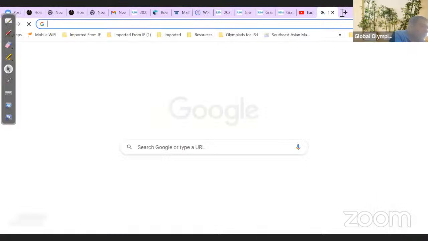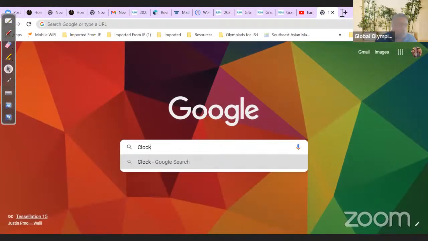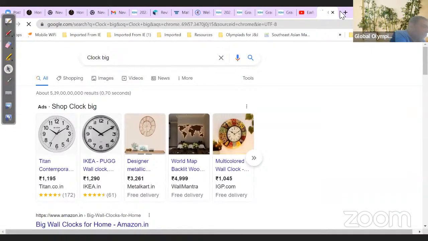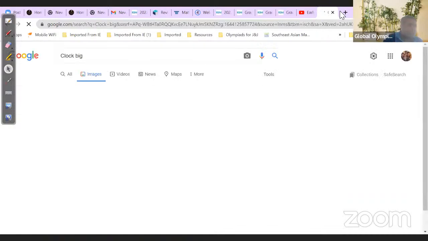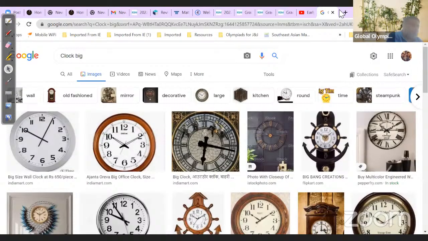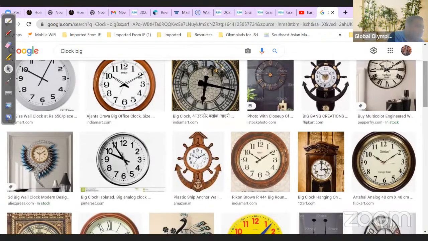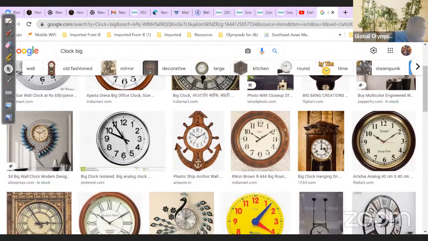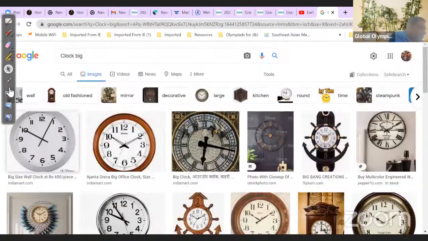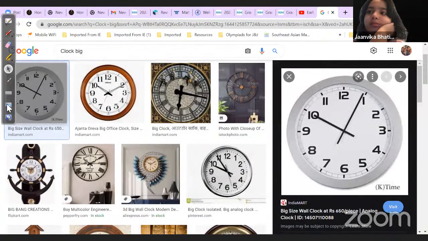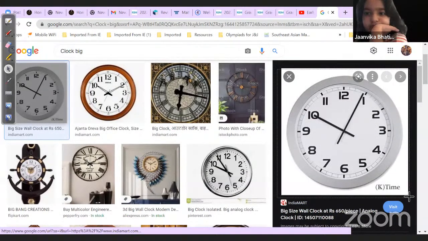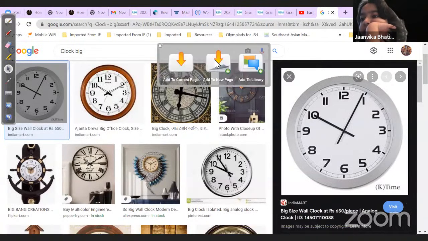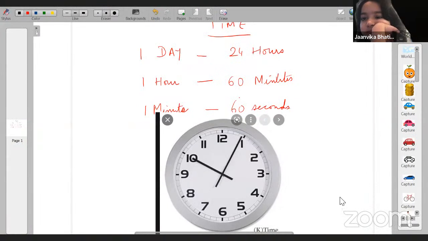Damn. Clock. Big. I'll take a clock. I'll cheat a clock. Take a clock from here. Which one do you like? The first one? Okay, good one. This one, right? Yes, sir. Nice.